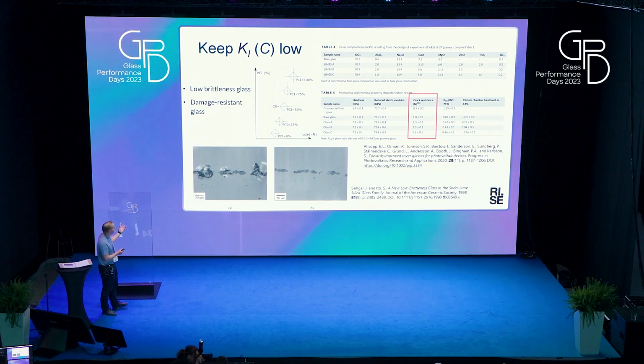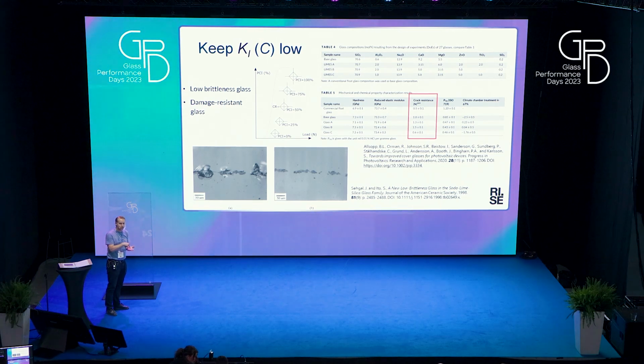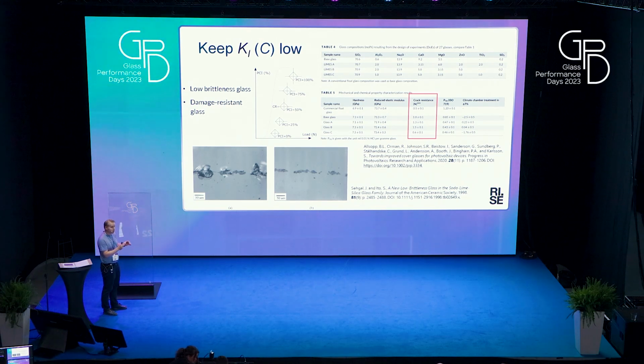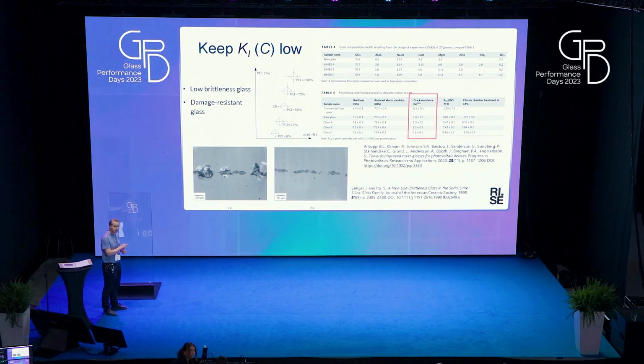then we have something called low brittleness glass or damage resistant glass. And here again, the crack resistance, that's basically you do indentation into the glass, and then you count the cracks at the corners of the Vickers indenter. And then you get some statistics out of this, and at 50% of the load and the probability of crack initiation, you can get the crack resistance value.